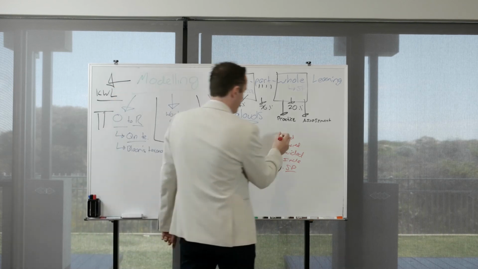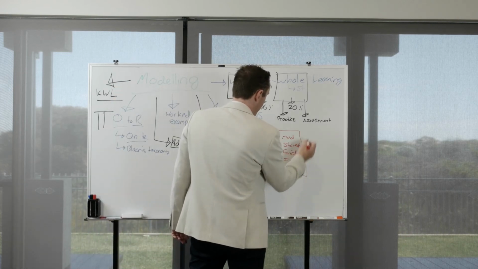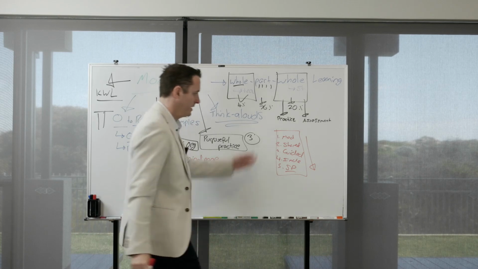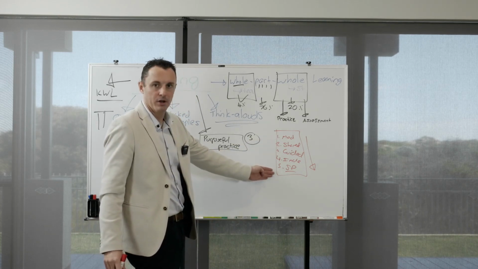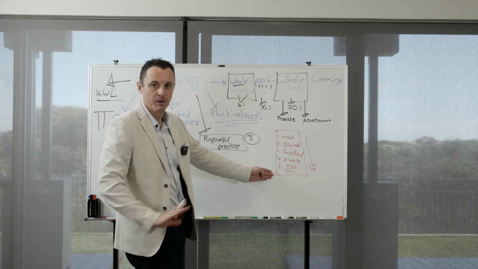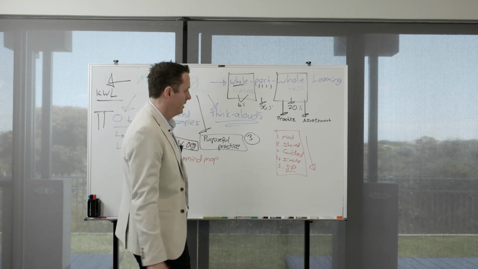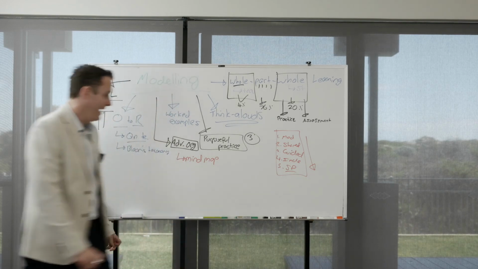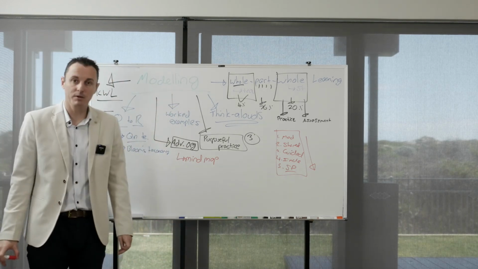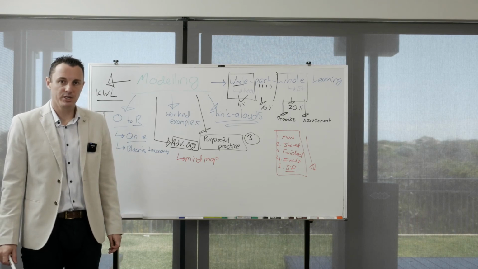It's probably not technically a scaffold, but it's the first scaffold in the process of getting students from zero knowledge to being able to learn completely and utterly on their own with no teacher support whatsoever. Cool. So that is the basics of modelling and why it's important to the teaching and learning process.